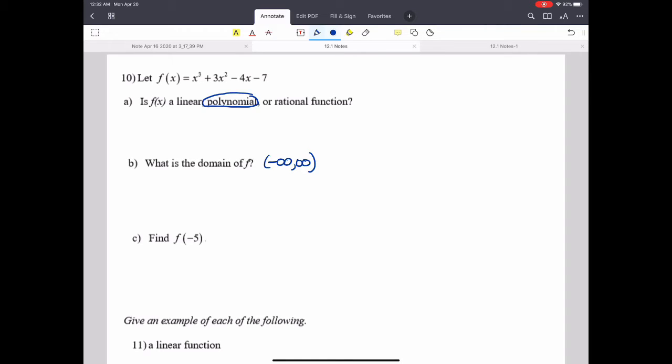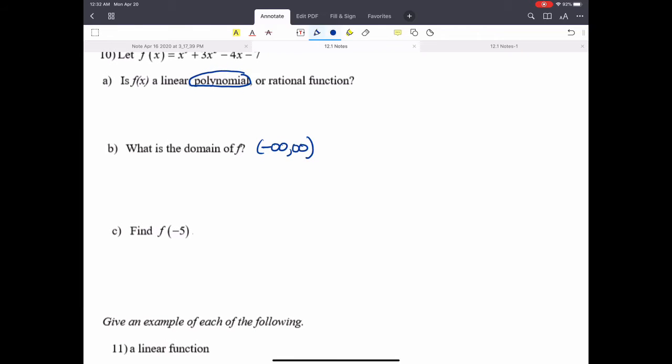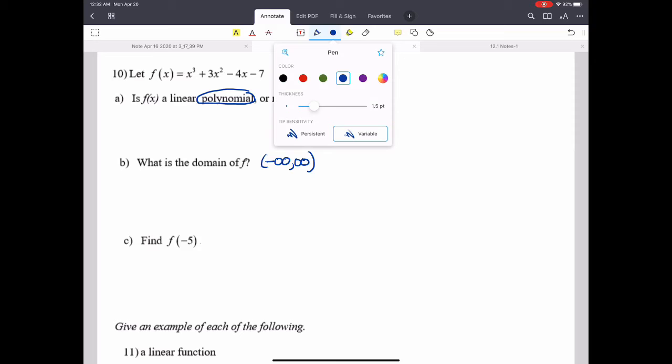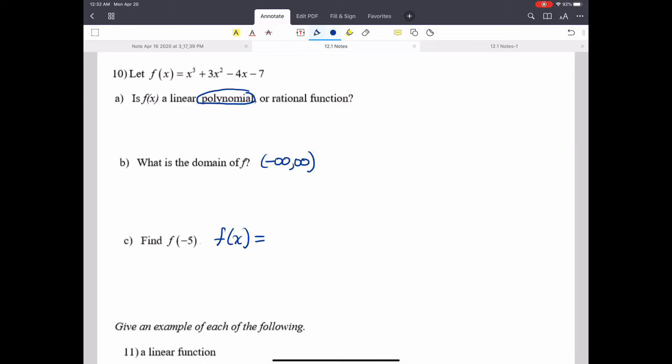We want to find the function of -5. So the function of -5 is going to be a matter of taking that f of x equation and then plugging it in. I'm going to put parentheses wherever I see an x.